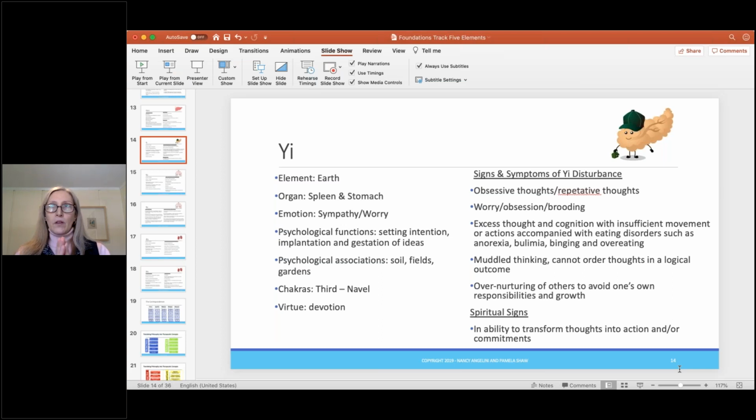We have a predominance, an element that is the big element, but then we have these other elements that are part of us. We either learn them, or we're born with them too. So we're not always just one, and we can have imbalances in any of those other spirits. And we can have more than one imbalance in different spirits.